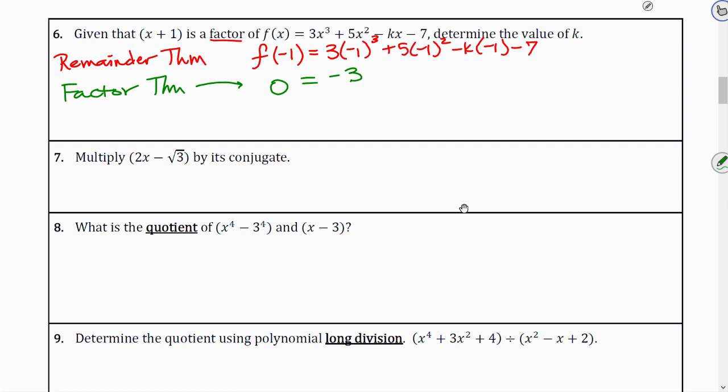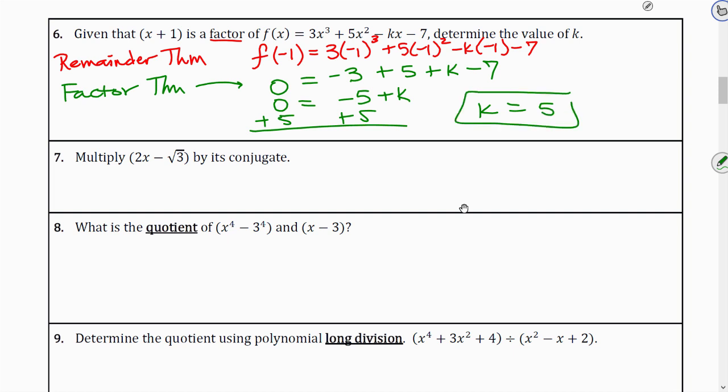Negative 1 squared is positive 1. Negative k times negative 1 is a plus k, minus 7. Now I'll combine like terms. Negative 3 plus 5 is 2, minus 7 is negative 5, plus k. I'll add 5 to both sides, and I have k is equal to 5.